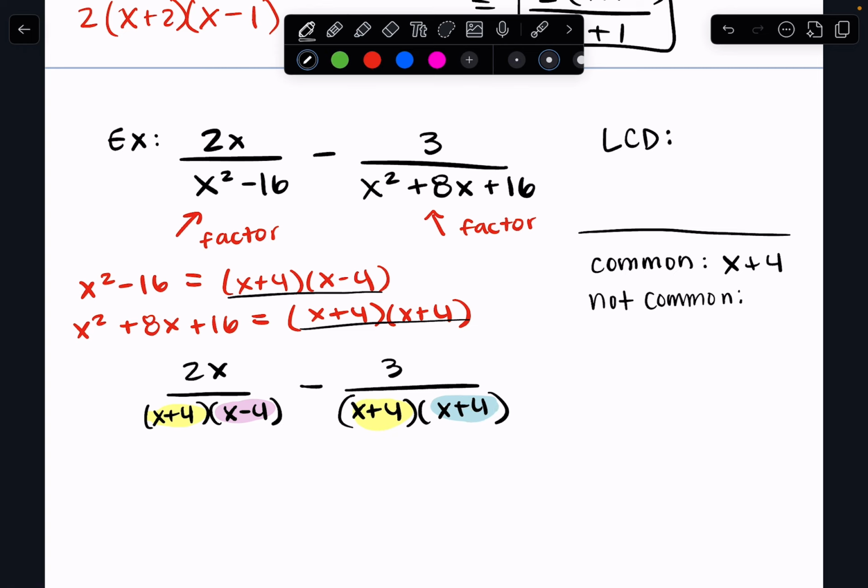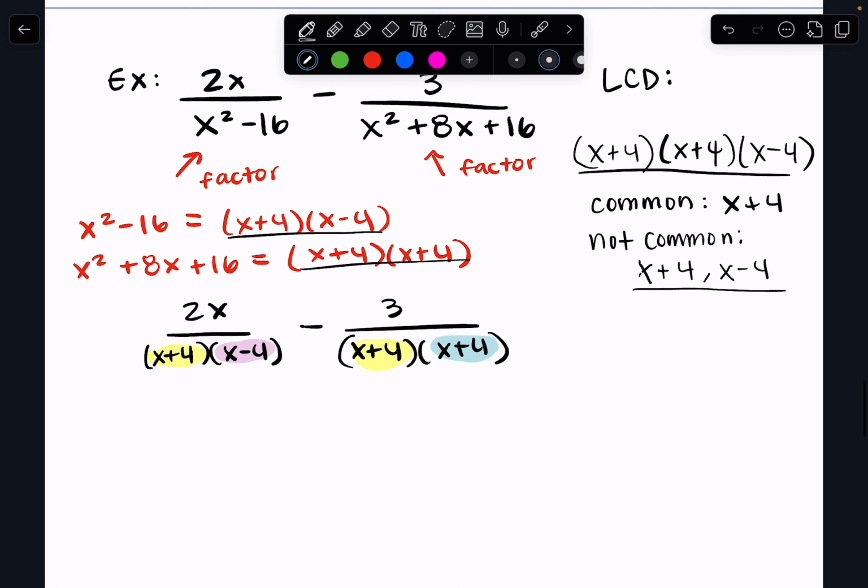So we have x plus 4, x minus 4. To find the LCD, you're going to rewrite what they have in common first. So it's x plus 4. And then you write all of this, so we have another x plus 4, and x minus 4. So that right there is your LCD.